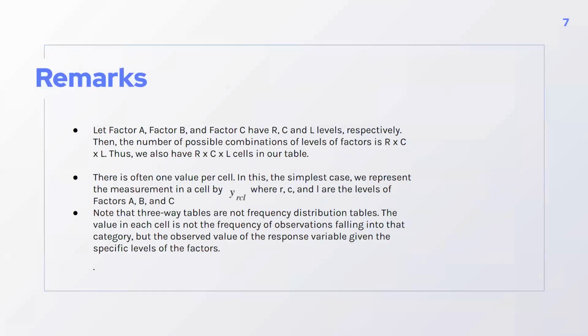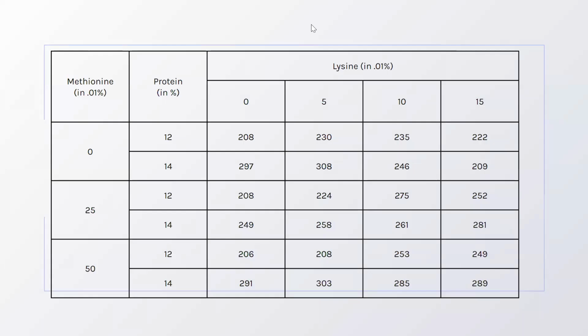Pero may mga times naman talaga na nagiging frequency table siya. But ang point lang nito ay it's not always a frequency distribution table. And kung maging frequency distribution table man siya, kailangan nating i-add. Kasi ang sinasabi lang nito, for example, ito, 208 yung added weight ng dalawang pigs, na ang protein ay may ganitong level, ang methionine ay ganitong level, ang supplement ng lysine ay may percentage na ganitong level. Sorry.